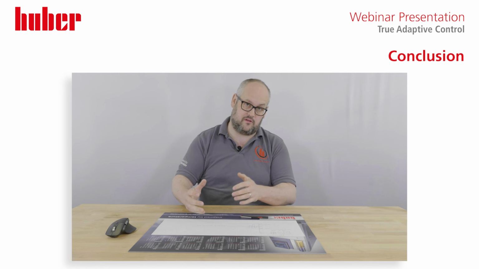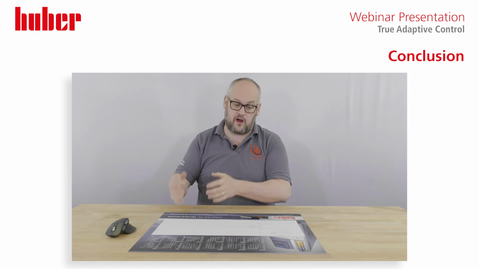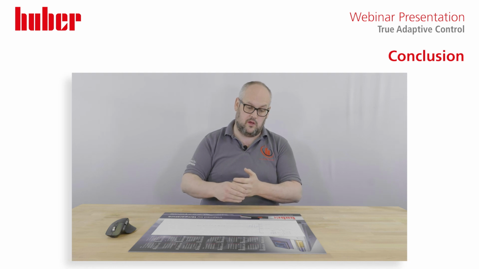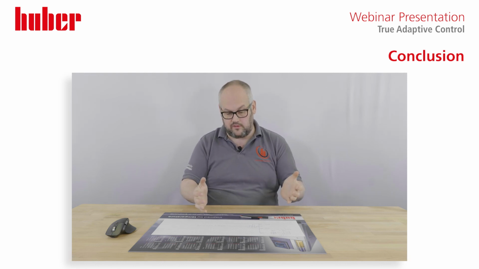But if you want the best results, doing a process tune will give you far better control on your system. We can often improve response times and temperature stabilities, which will lead to further improvements in your product conformity, sometimes your yield of precipitation, across the range in the chemistry labs.